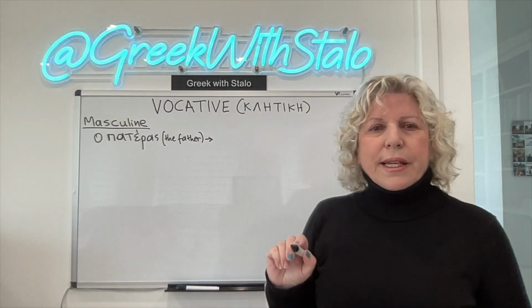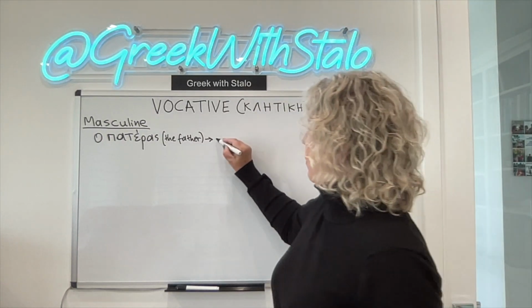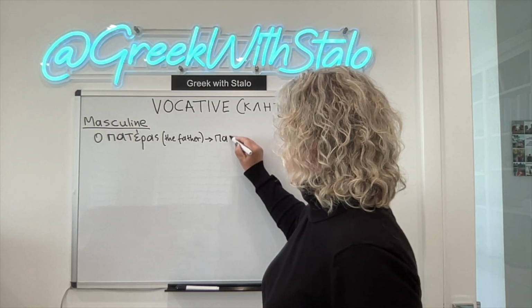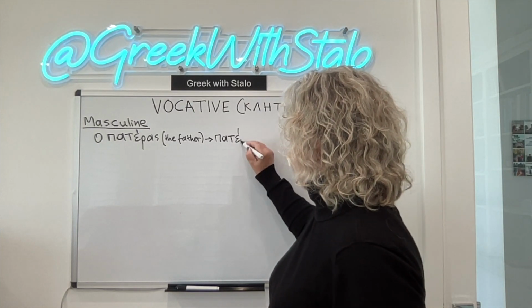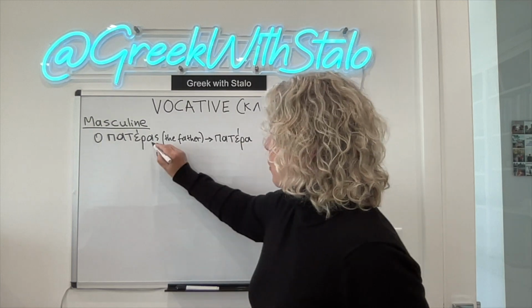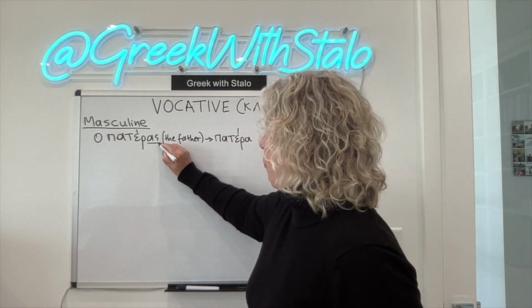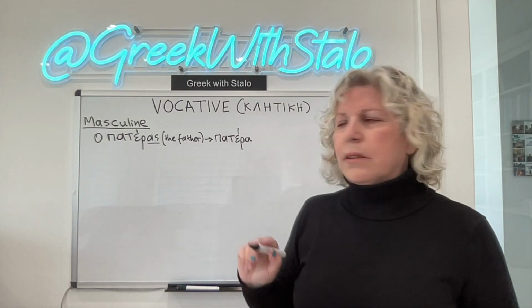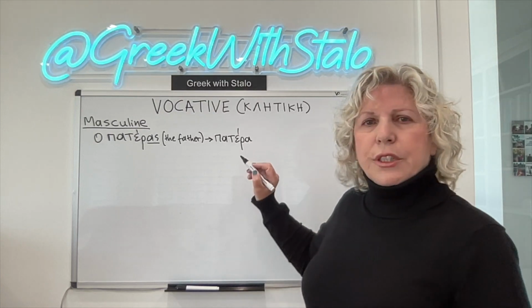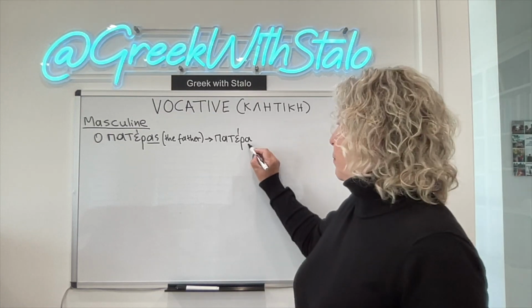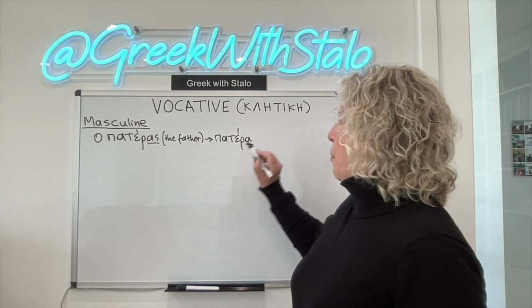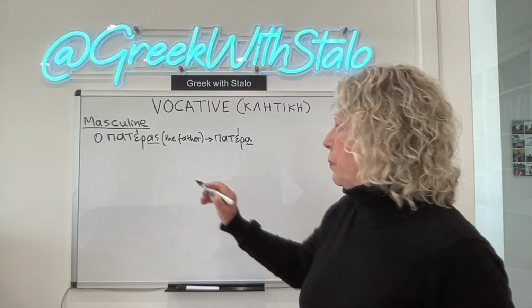The vocative is πατέρα. We drop the s. So here we have alpha, sigma, and in the vocative we just have alpha. No sigma, we drop the sigma.